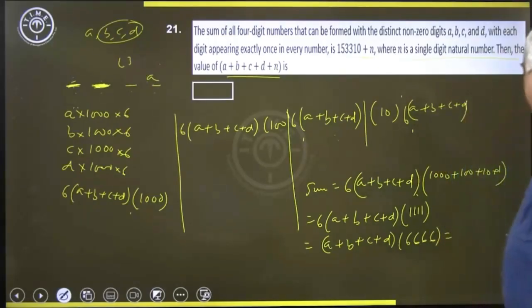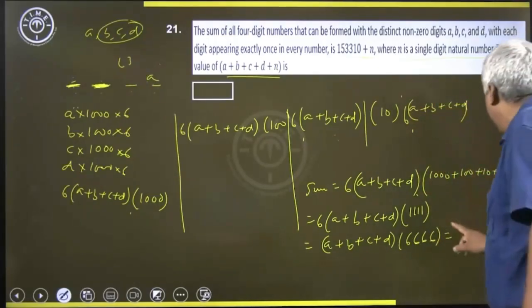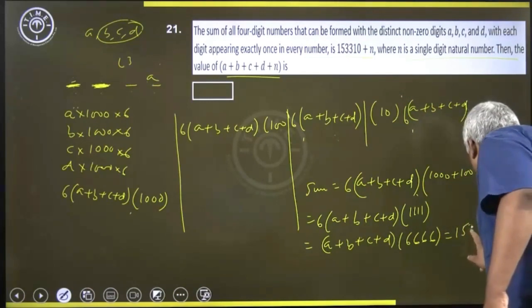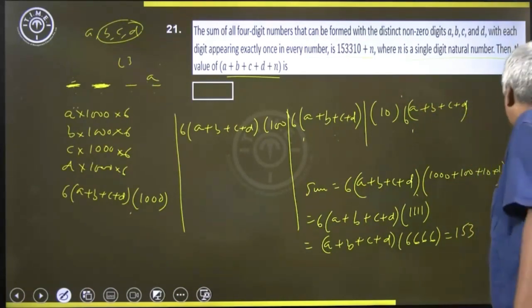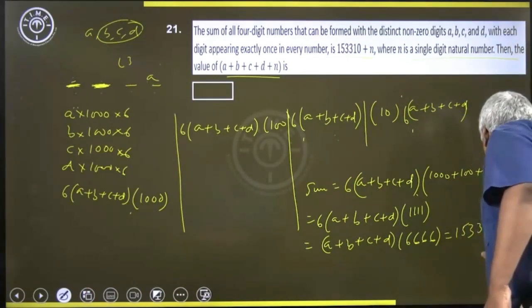And they are saying that this sum is equal to 153310 plus n, right?